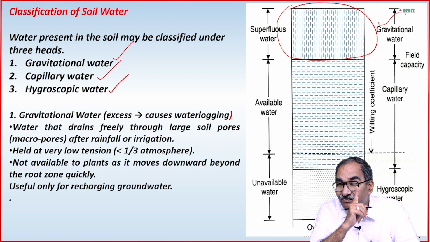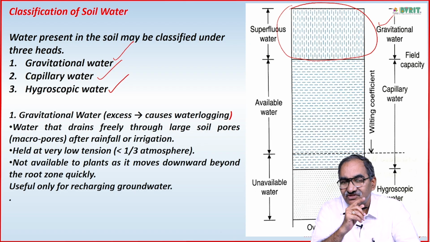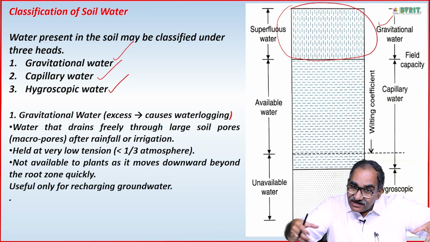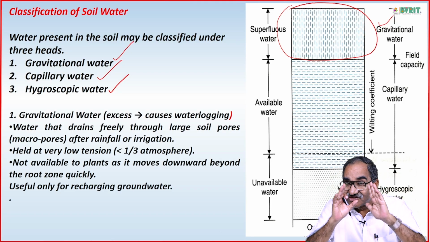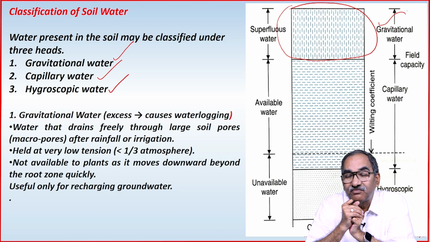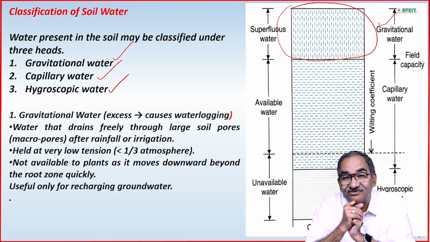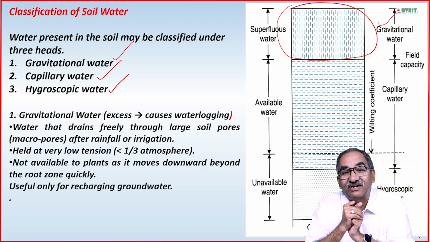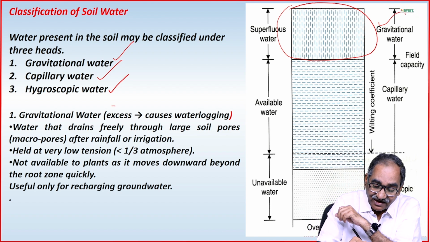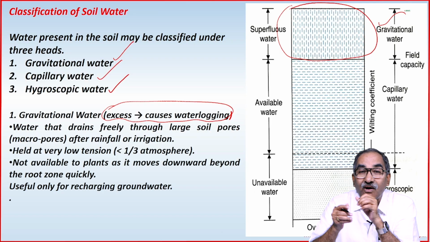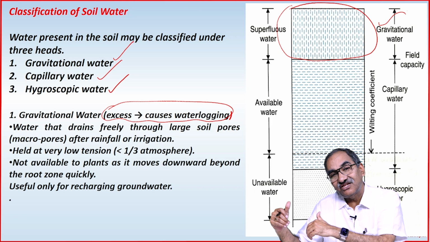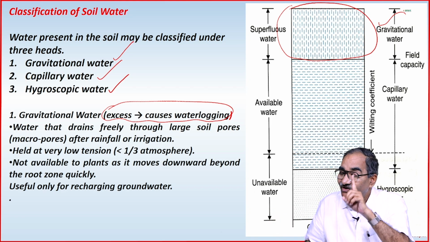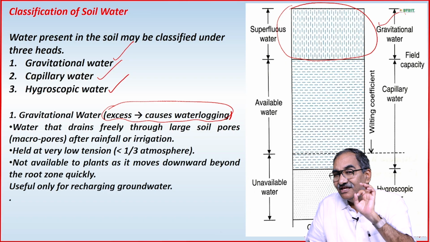So in irrigation you need to provide proper drainage. The gravitational water has to be drained off. That should be taken care of first. If you don't provide proper drainage, the problem is it leads to waterlogging, which is very dangerous for crop growth. So please remember, proper drainage of gravitational water is needed for any field when you are raising a crop.